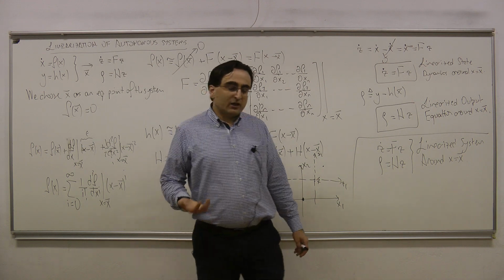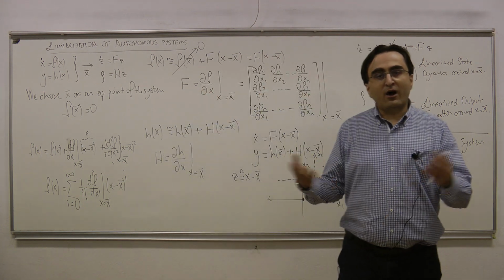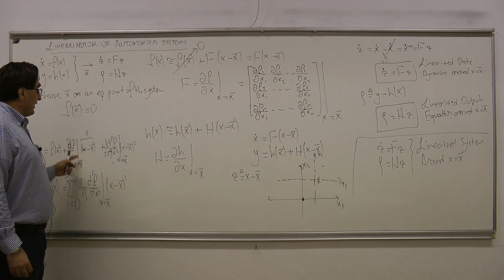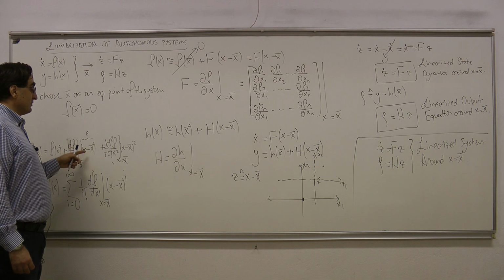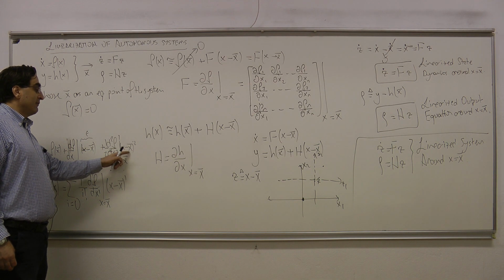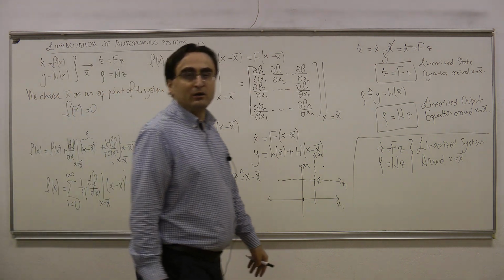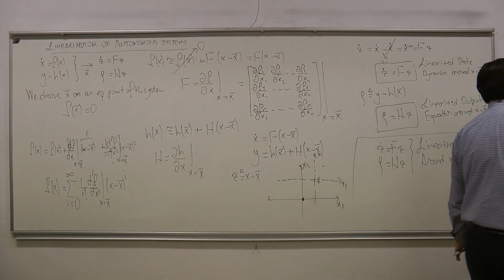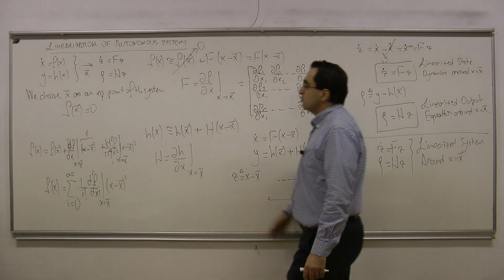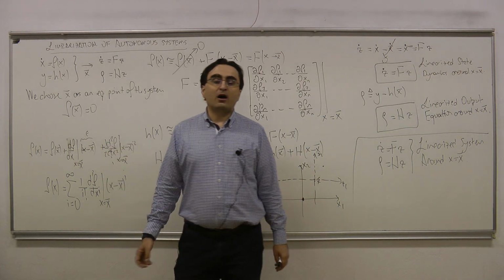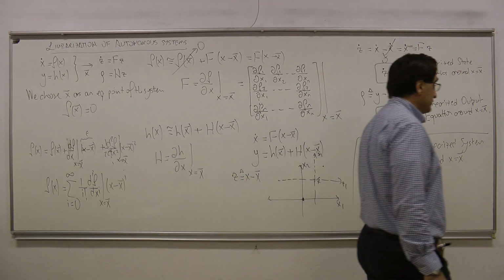On the other hand, if x minus x bar is a large number whose magnitude is large, in that case x minus x bar is going to be that large number, but I would have here x minus x bar square, which is going to be even larger. All right? And that means that this approximation would not be valid if x minus x bar is actually a large number.